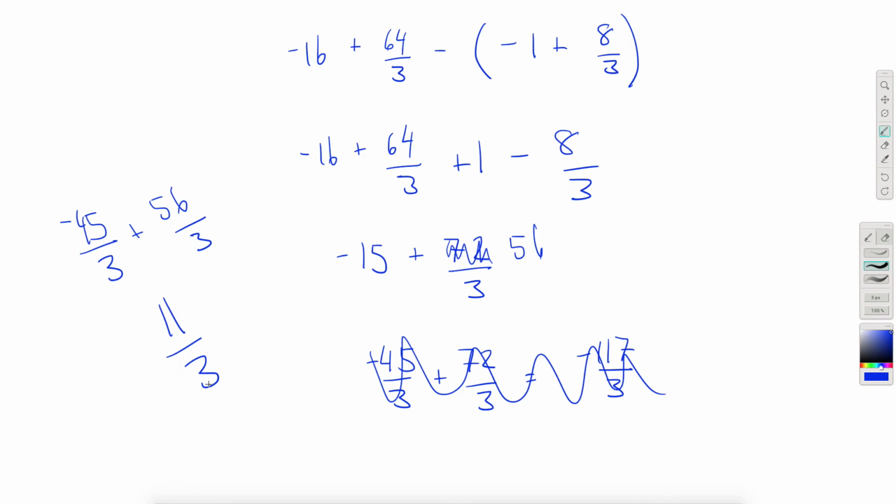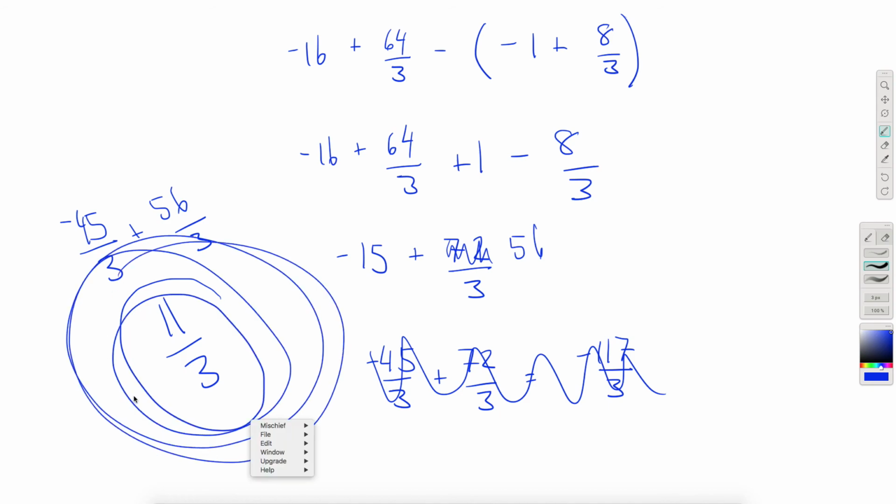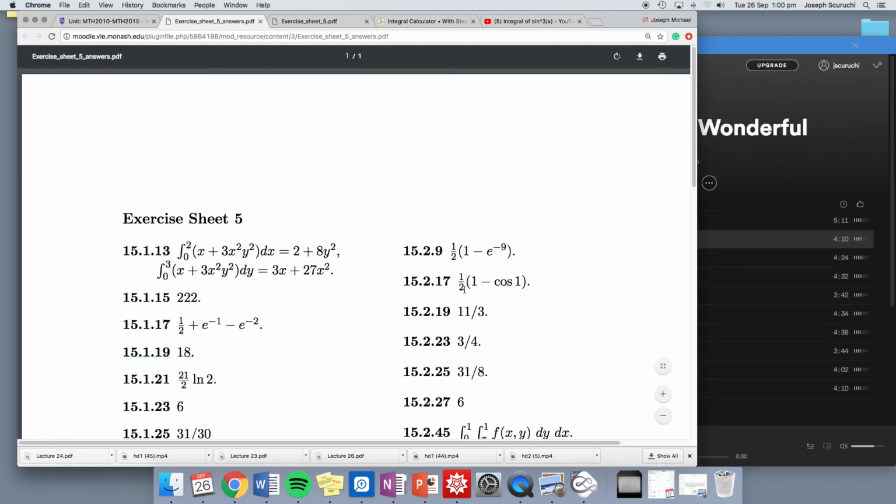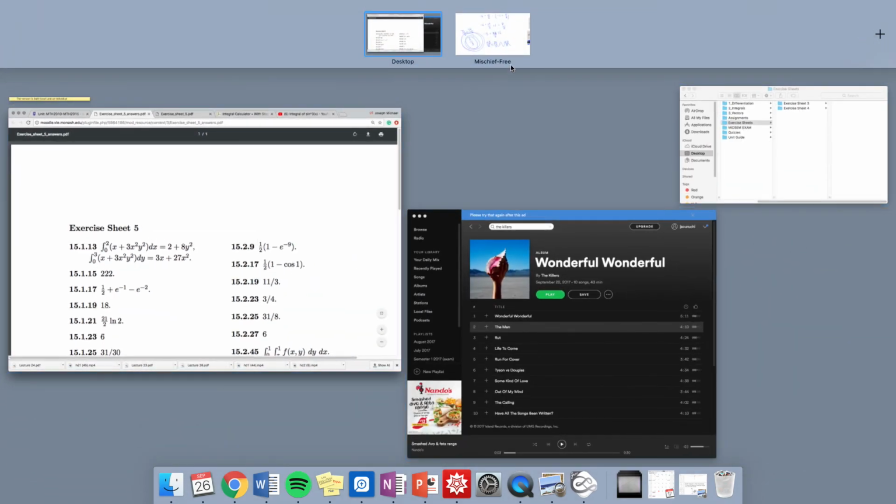Negative 45 plus 56 is 11 on 3. And I think that's the answer. Is it? You did it. Sweet relief.